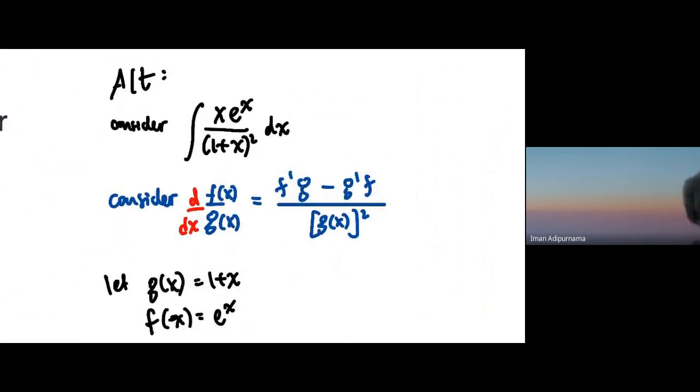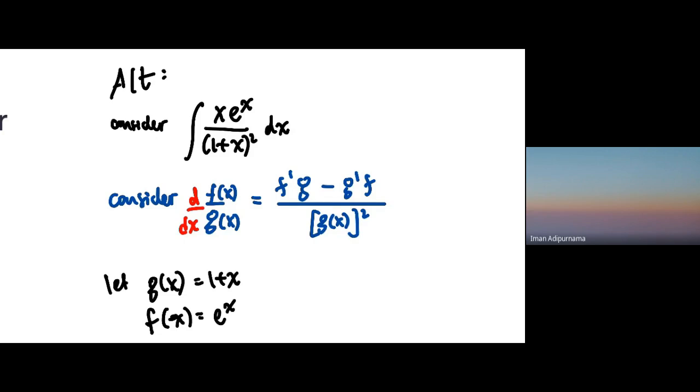However, I will give you some other thoughts on a process that may be important. If you look at the integral, it has a square in the denominator. Consider this as the quotient rule in derivatives: if you have f over g and differentiate, you get f prime g minus g prime f, over g squared.